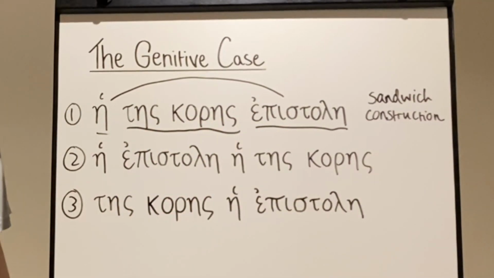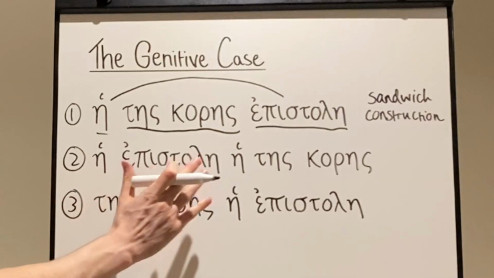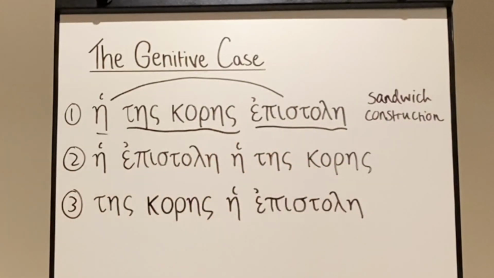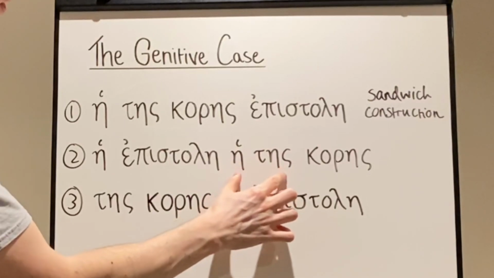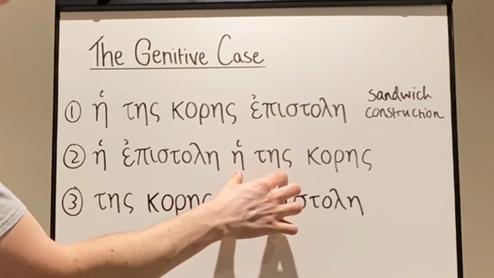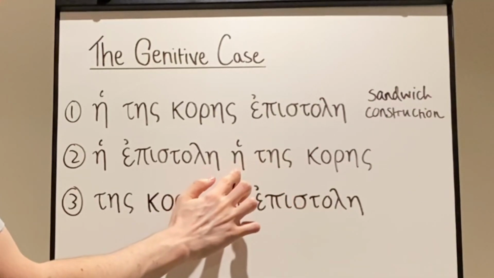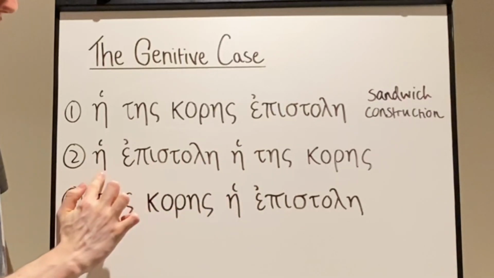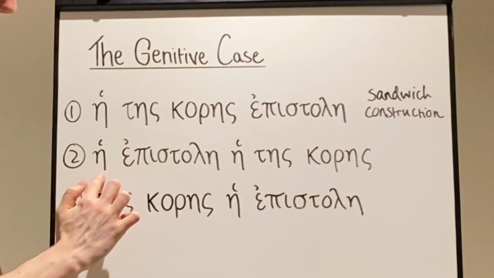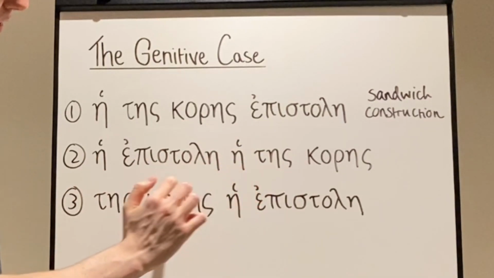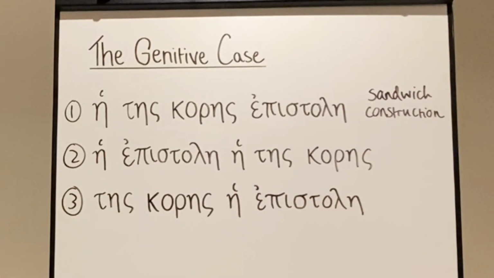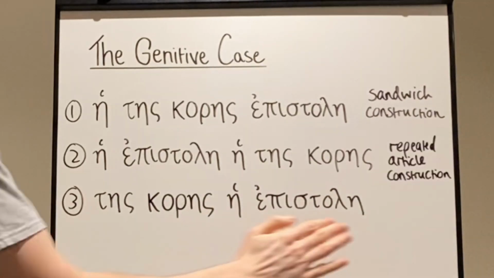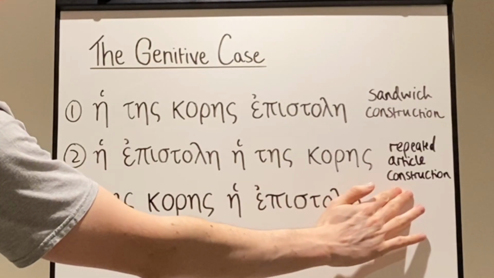Whereas if we look at number two, hē epistolē hē tēs korēs, you can see we've got two definite articles next to each other here, and we can see that one of them is a repeated definite article. It is the repeated feminine nominative singular definite article. And therefore we know that number two is using the repeated article construction.